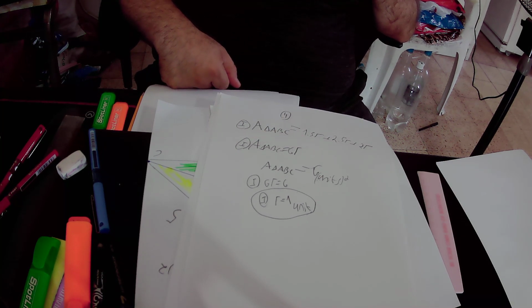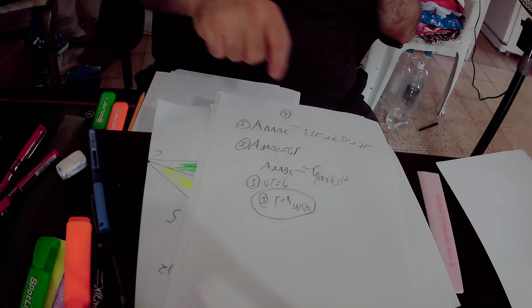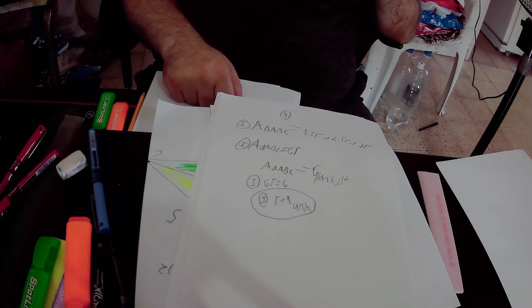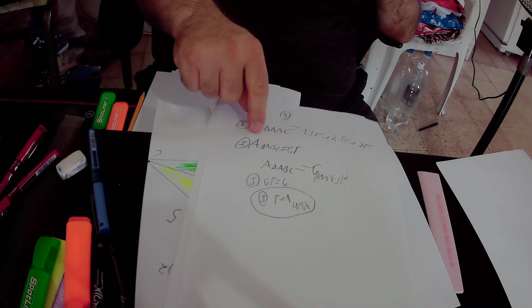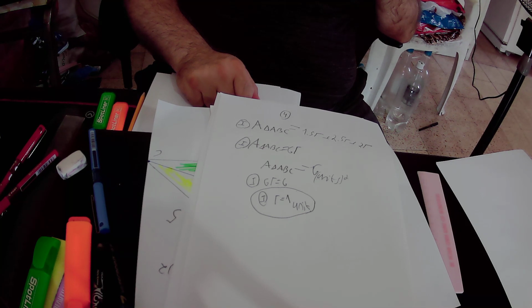But we already know that the area of triangle ABC equals 6 units squared. So we can substitute the area of triangle ABC by 6.